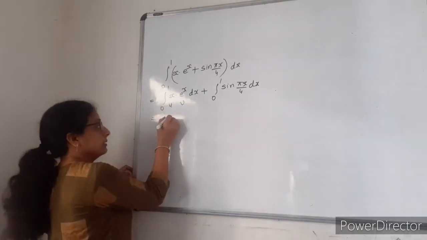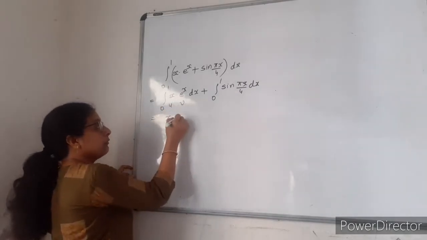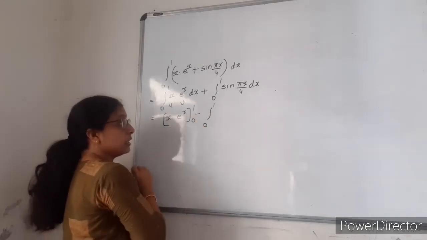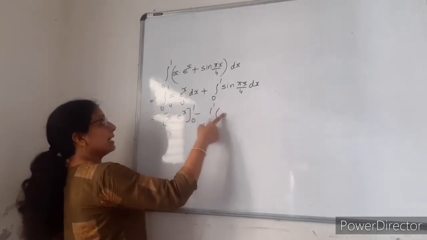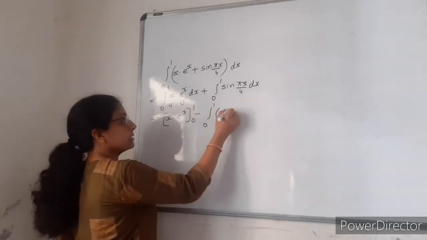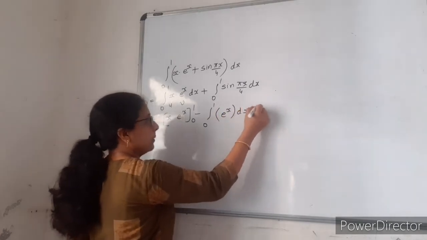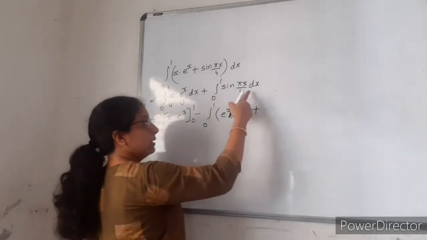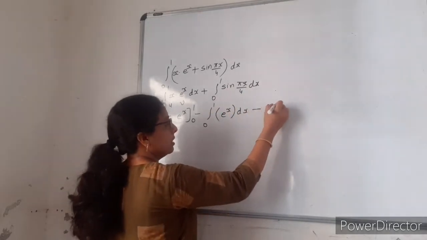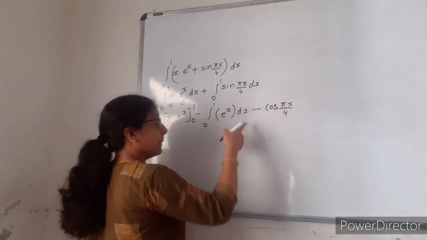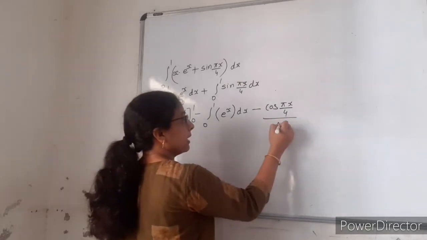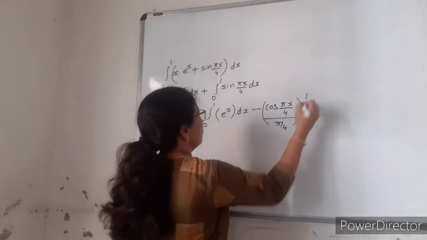Now u is constant, then integration of v. Here we'll write the limit, minus 0 to 1, d by dx of u is 1, into integration of e raised to x, which is e raised to x, dx, plus, now the sine integration is minus cos, therefore minus cos pi x by 4, but the coefficient of x is pi by 4, so you have to divide it by pi by 4, 0 to 1.